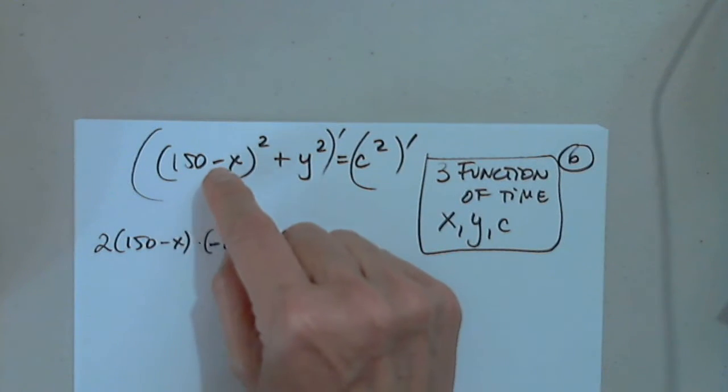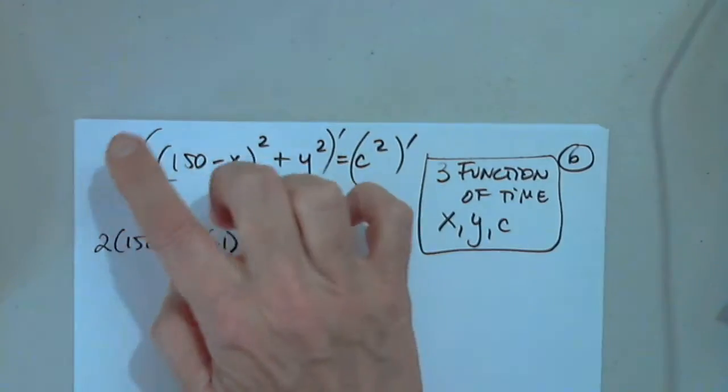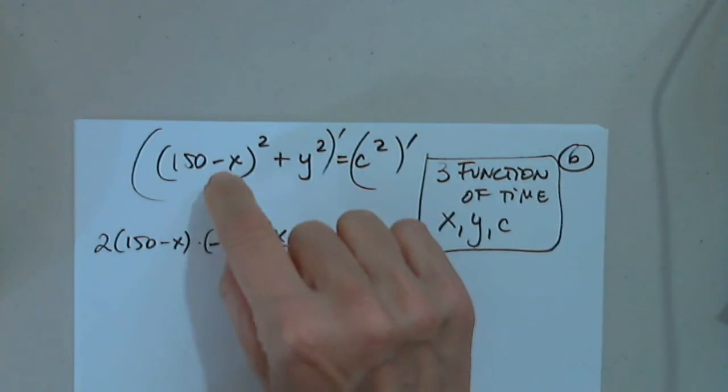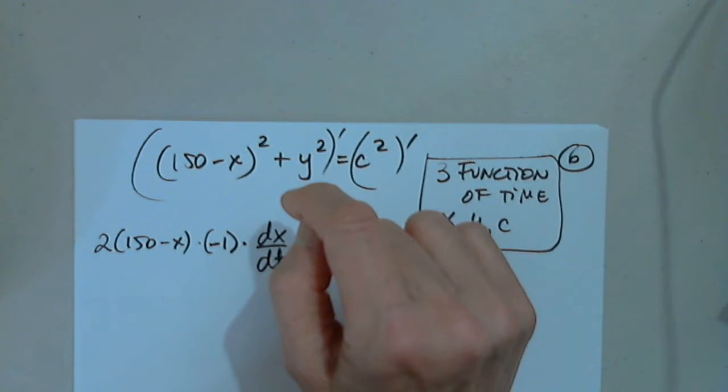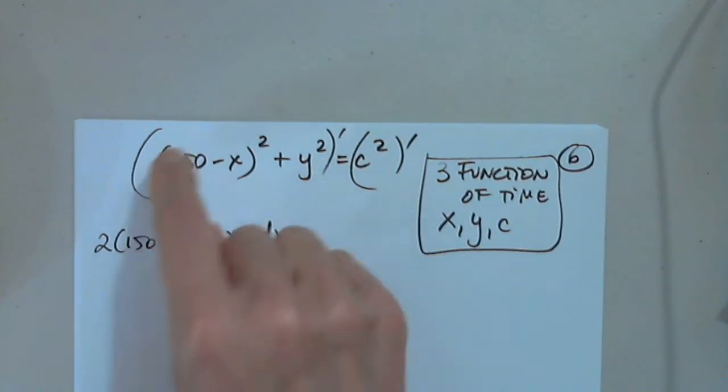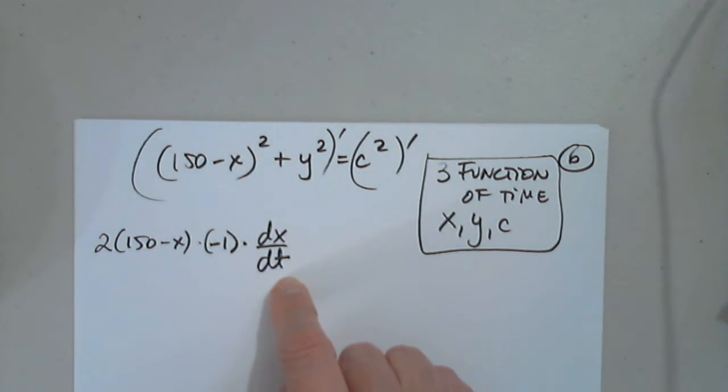So it's 150 minus a function, to the first power, times the derivative of the function, which is negative 1 times dx over dt. This is differentiated as all this, plus.